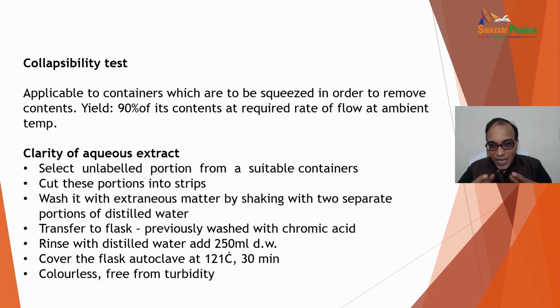Transfer to a flask previously washed with chromic acid, then rinse with distilled water, add 250 ml distilled water, cover the flask, and autoclave at 121 degrees Celsius for 30 minutes. You will find it colorless and free from turbidity. The clarity must be there in the aqueous extract. Okay, this was all about the clarity of aqueous extract.